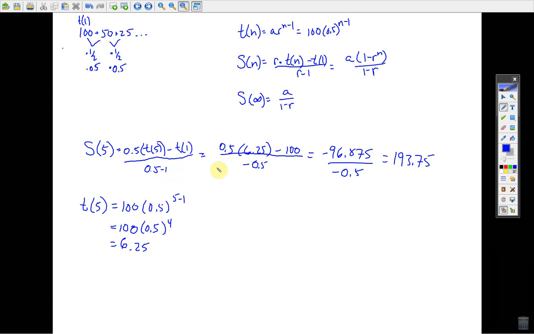So the sum of the first 5 terms is 193.75.